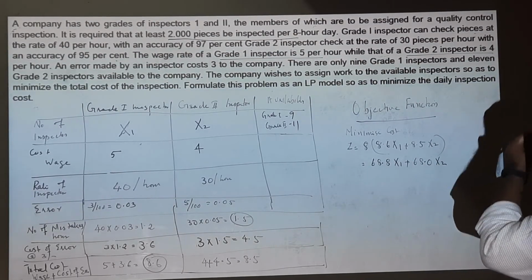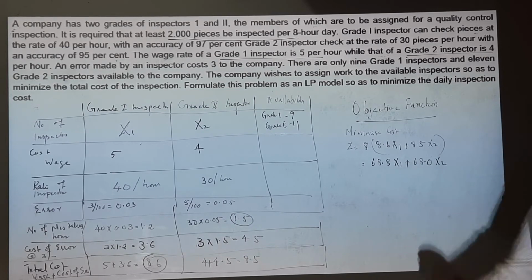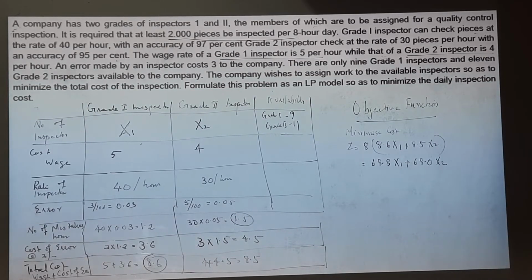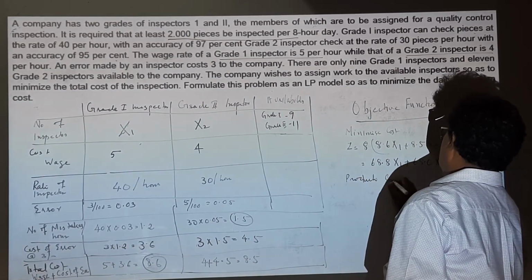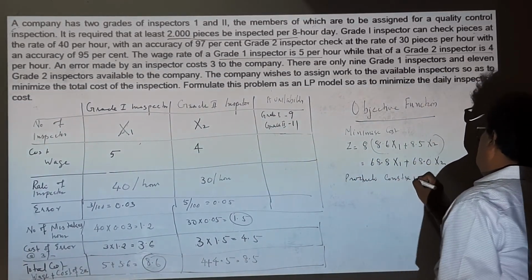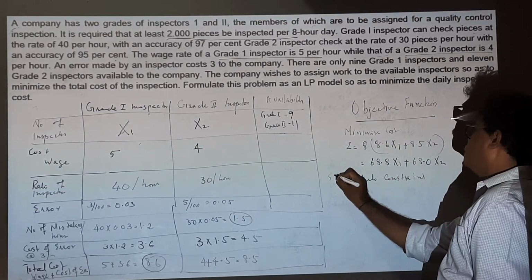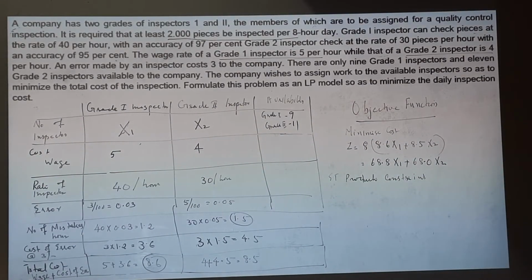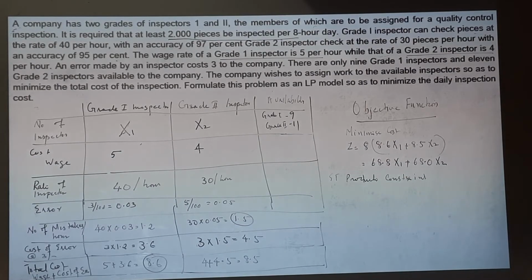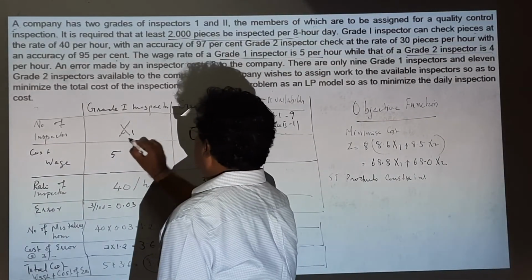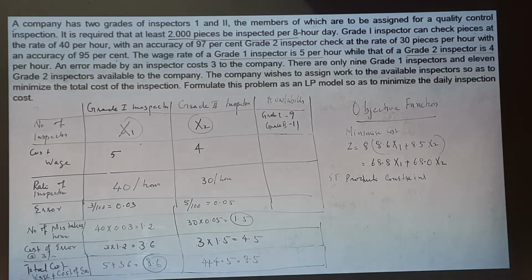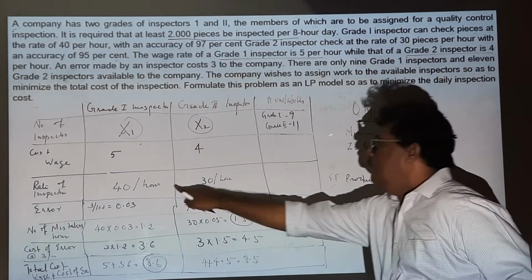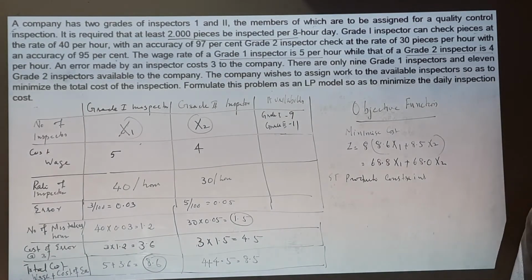Next is the total of 2000 units, that is the production, sorry, the inspection constraint. Subject to constraint: total 2000 pieces by how many people? x1 people and x2 people. In 1 hour, one inspector checks 40.